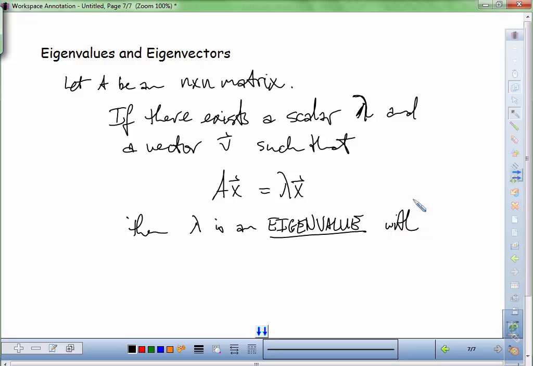And with the eigenvalue, there is what we will say a corresponding eigenvector x.